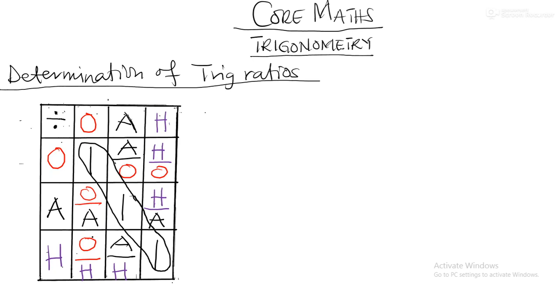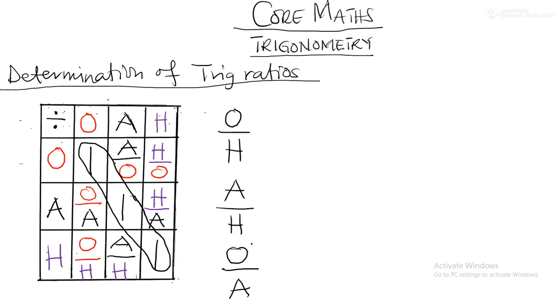So the number of trig ratios we can get from a right angle triangle, they are what? 6. So let's look at them. So we have opposite over hypotenuse as 1. We have adjacent over hypotenuse as another. And then finally we have opposite over adjacent as another.